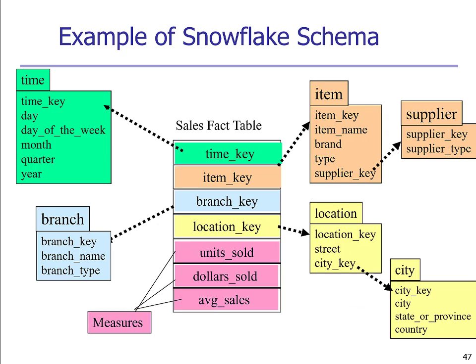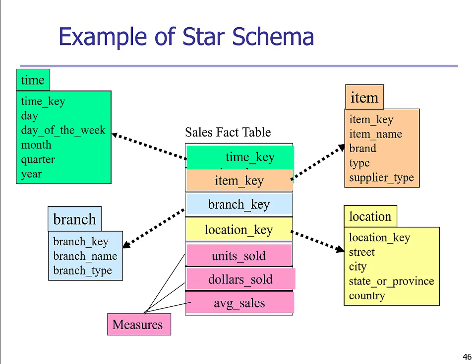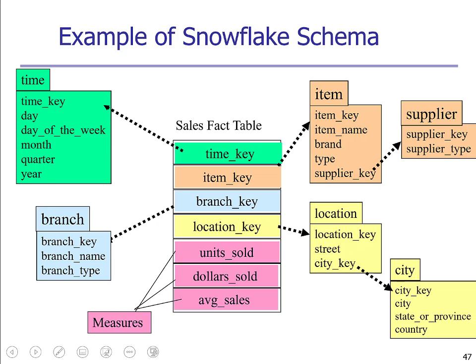And for a snowflake schema, as you can see here, for location, originally it has location key, street, city, state, and country. Now it is further decomposed or normalized into 2 tables. One is for location key, street, and city key.